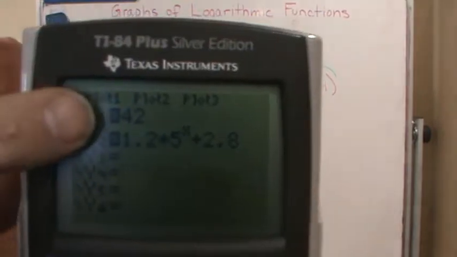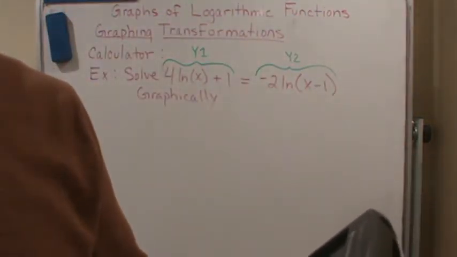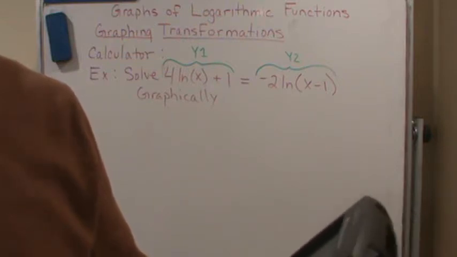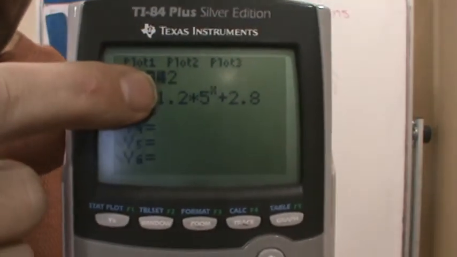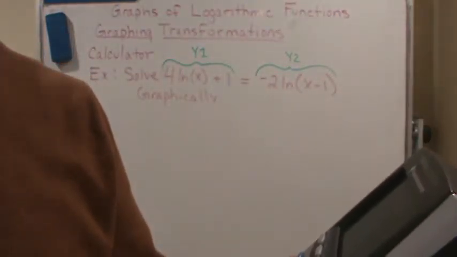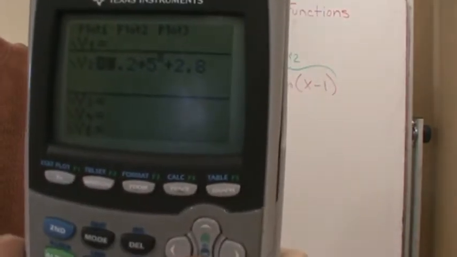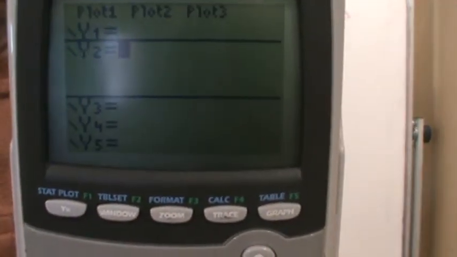Oh, wait a minute, I'm wrong. You put the cursor here and you just hit clear, and it erases it. If I go down and hit clear, it's going to clear that out too.